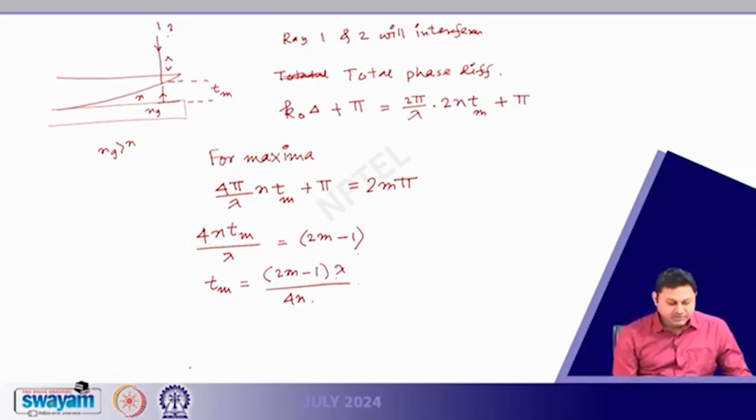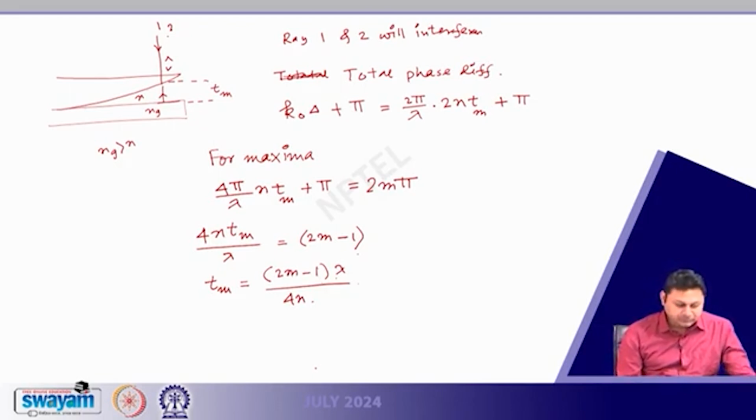So, that is the condition we have for maxima. For minima, similarly we can have the condition. So, from this knowledge, let us check how one can use this Newton's ring to find the wavelength of the light that is falling over here.